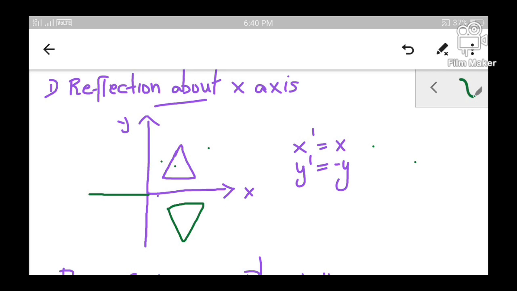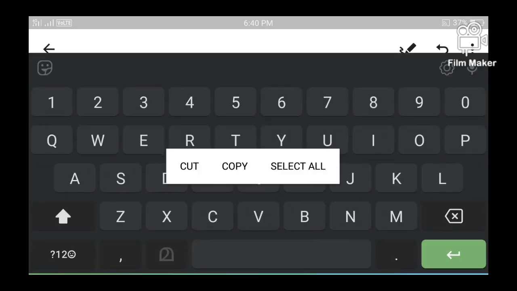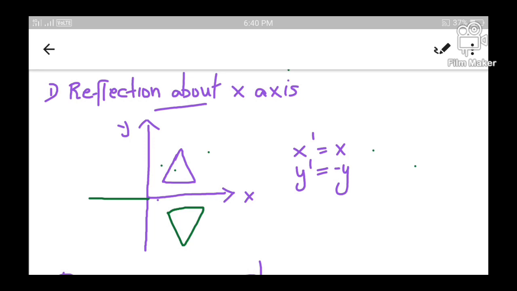I repeat, after reflection of the object about the x-axis, since the x-axis is common, you can see here the x-axis is common.